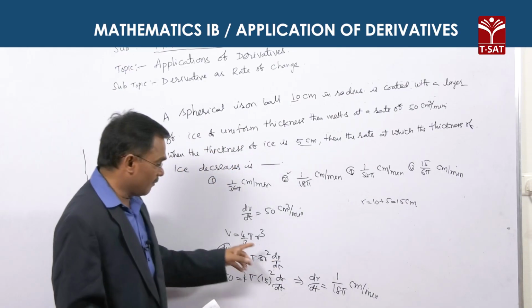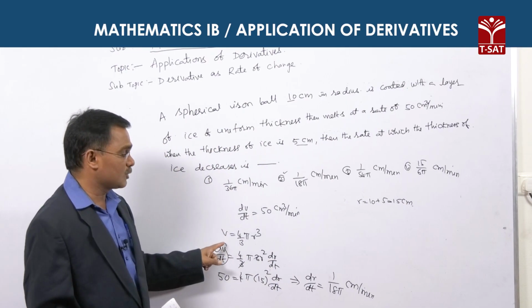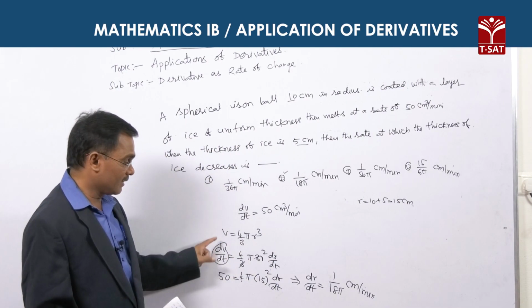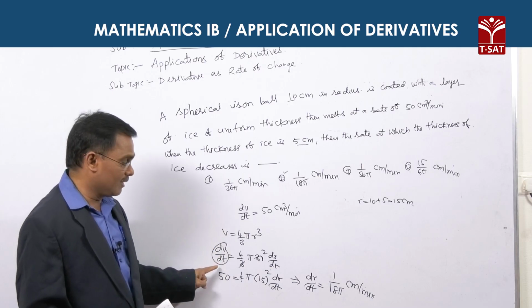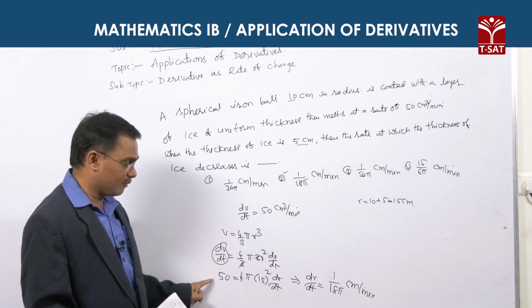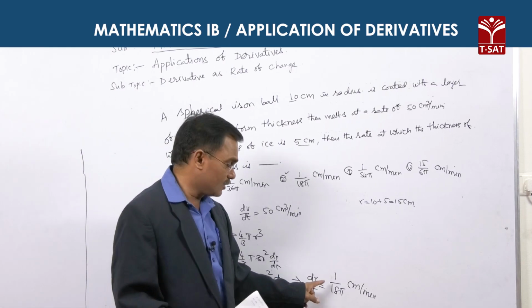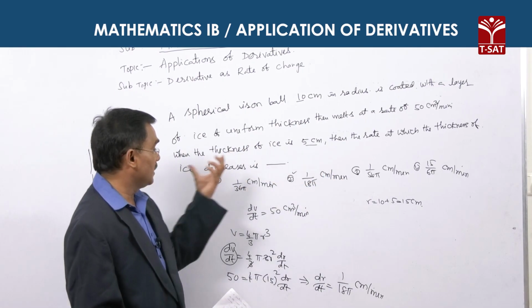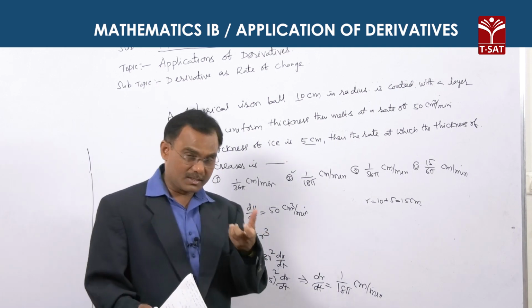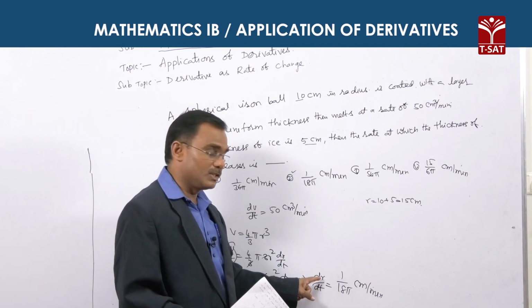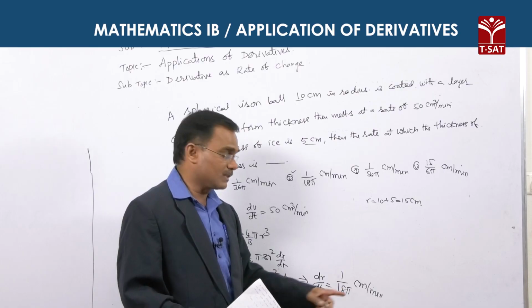We know that the volume of the sphere V is equal to 4/3 pi r cube, and the rate of change in volume is dV by dt, already given, and the radius is 15. Simplifying, the rate of change dr by dt, at which the thickness is decreasing, is nothing but the rate of change in radius, 1 by 18 pi centimeters per minute.